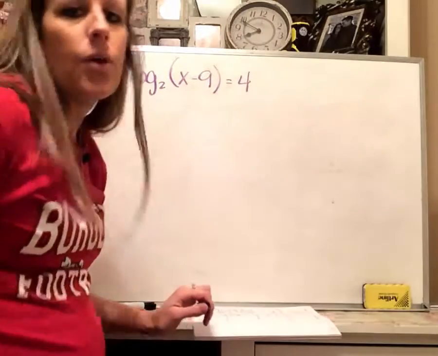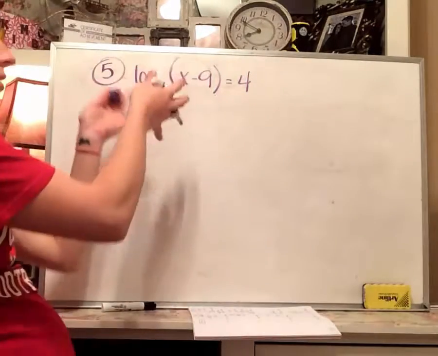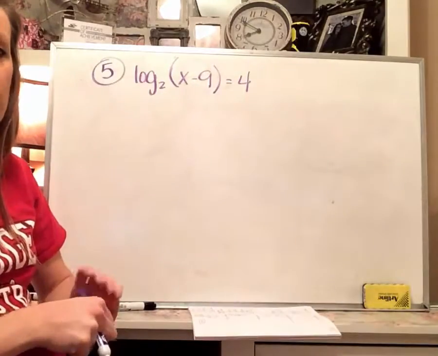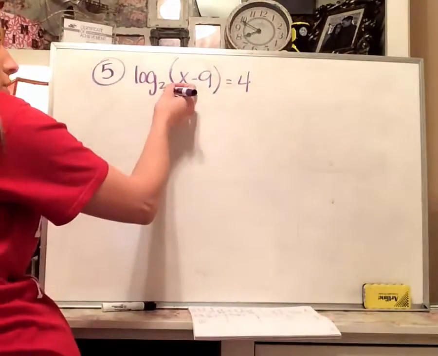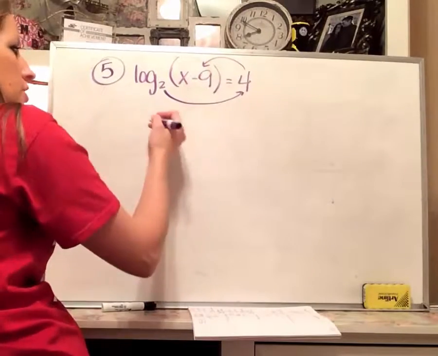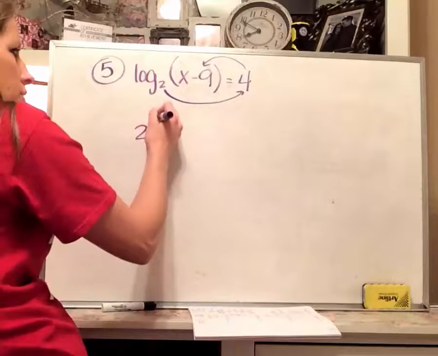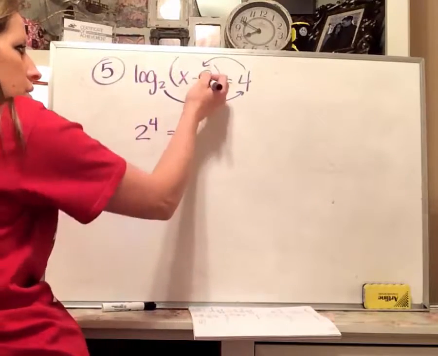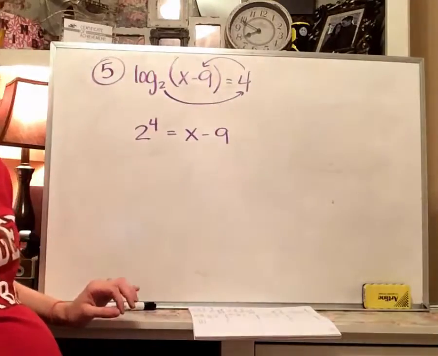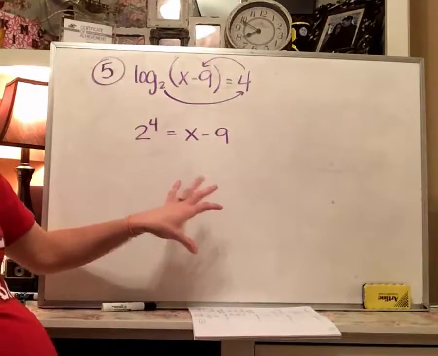Okay. Even though we have a parentheses, we have a binomial, you still want to put it in exponential form. Okay. So start with your base, move counterclockwise, and change it to exponential. So 2 to the 4th power equals x minus 9. Okay. Now, we're going to solve for x.